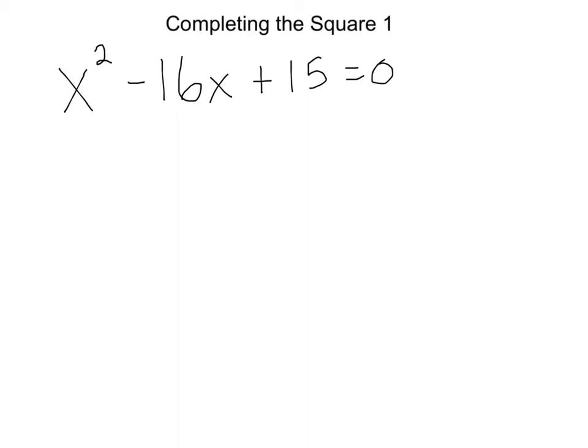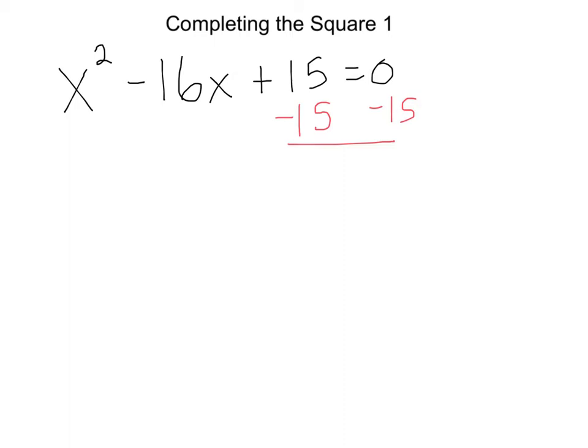So step 1 is to get C on the right side. To get C on the right side, I'm going to subtract 15 on both sides. Now you can see right here where positive 15 was, it's not there anymore, but I'm still going to leave a space there.